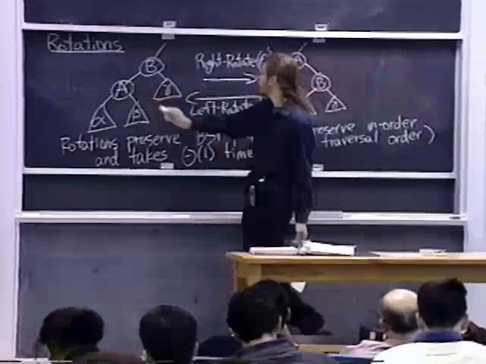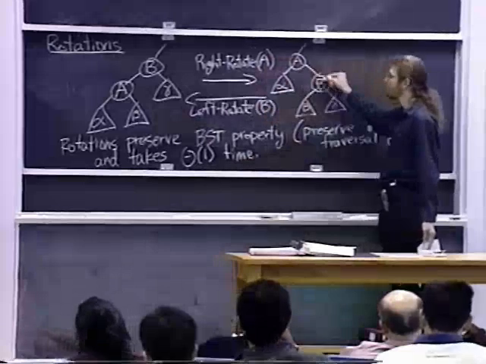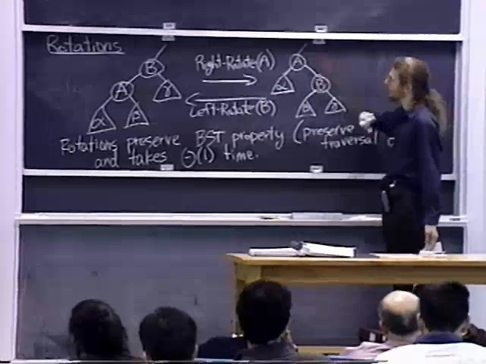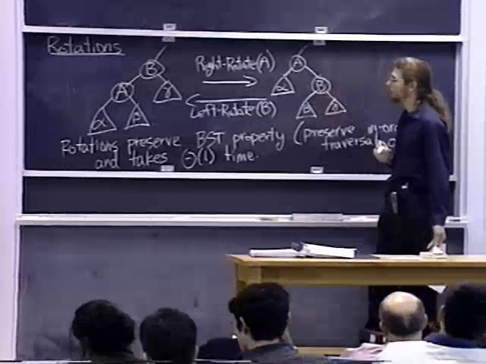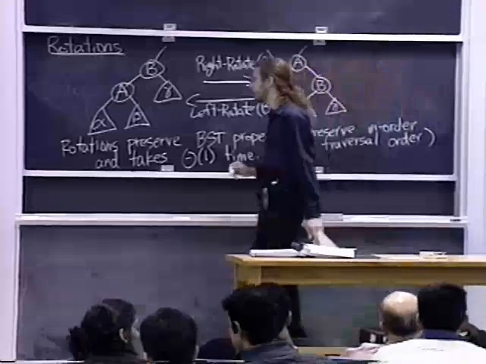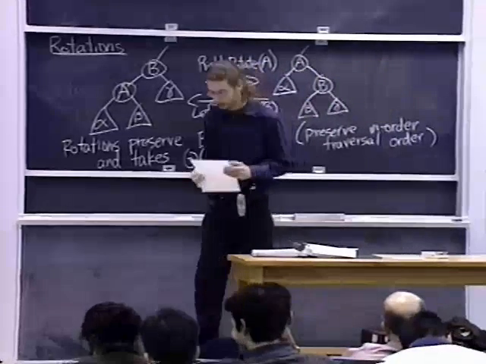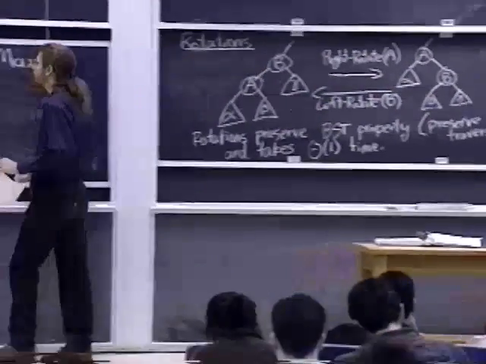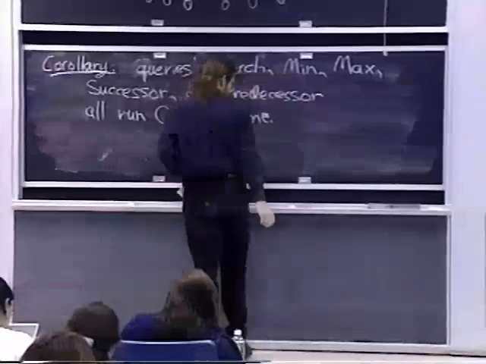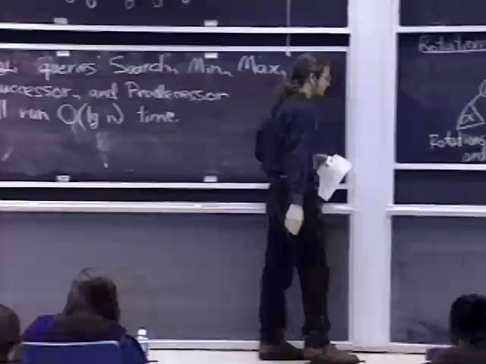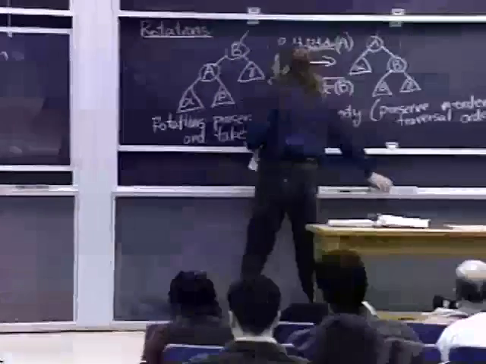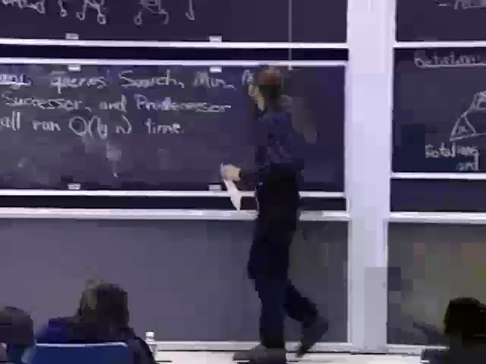The left pointer of A doesn't change. The right pointer of A goes to B now. The parent pointer of B goes to A. The left pointer of B changed. That's it. So that's easy. So rotations are fast. It's just a question of how many we're going to need to do in order to fix up our tree.